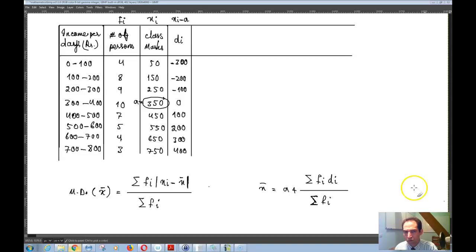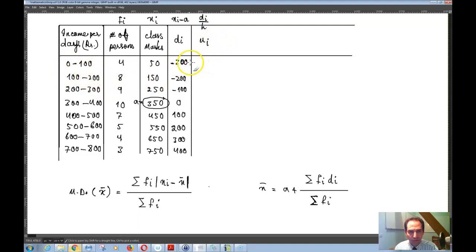So what I'm going to do is divide d of i by the class size h. I define u of i as d of i divided by h. The class size here is 100, of course.